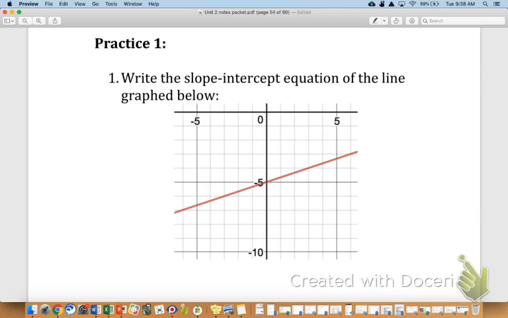From 4 over here to negative 6, from here to 2, 4, 6, 8, 10. Yeah, 10 or negative 10, it really doesn't matter. 0 divided by negative 10.